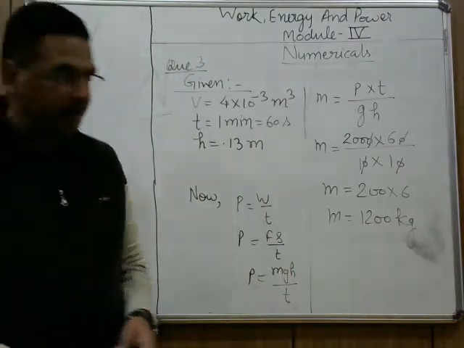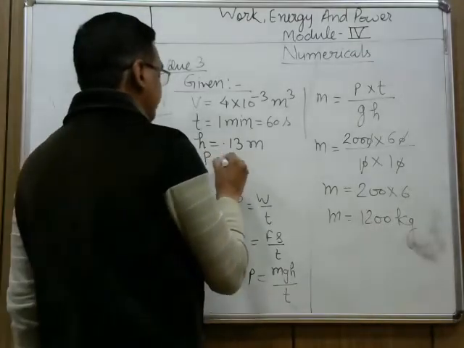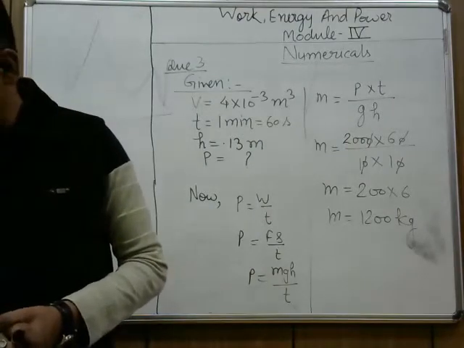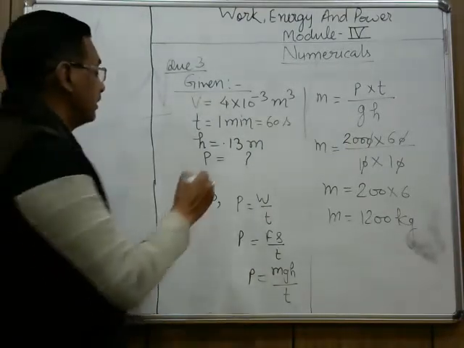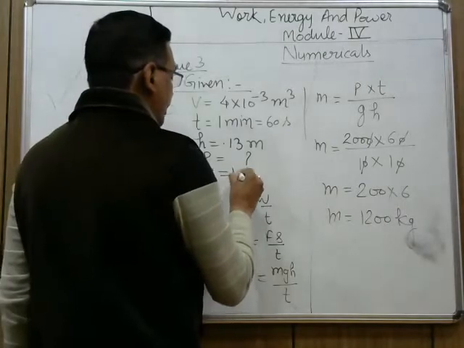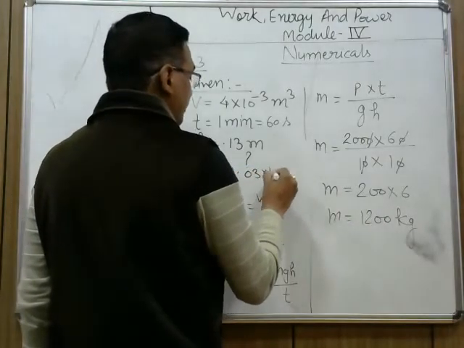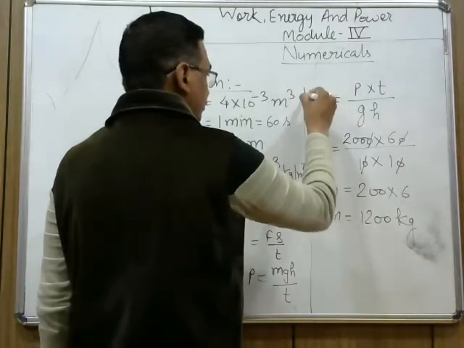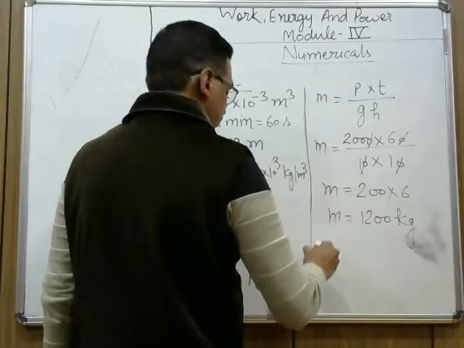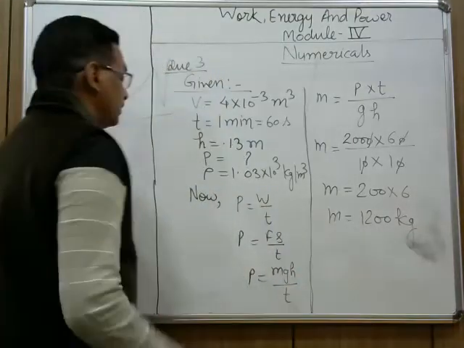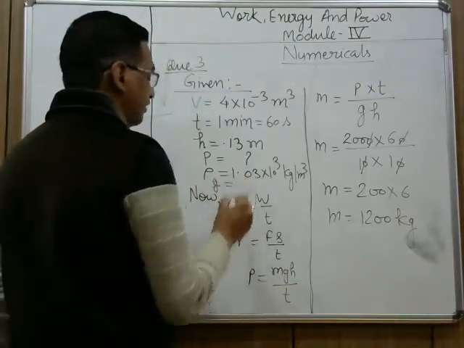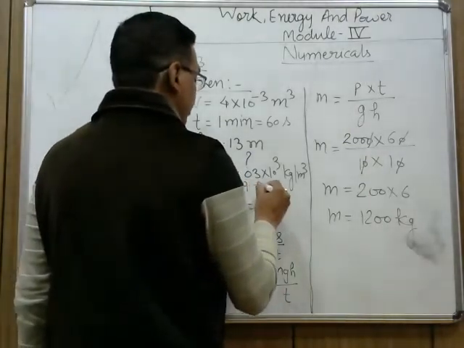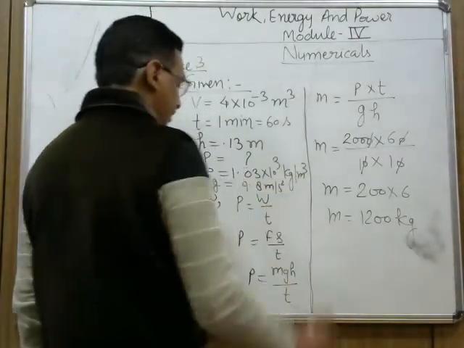Calculate the horsepower. Power is required of the heart. The density of blood is given, 1.03 into 10 to the power 3 kg per meter cube. And g is given, 9.8 meter per second square.